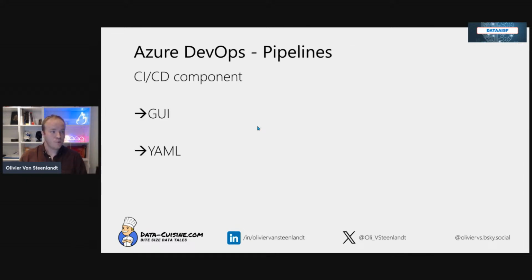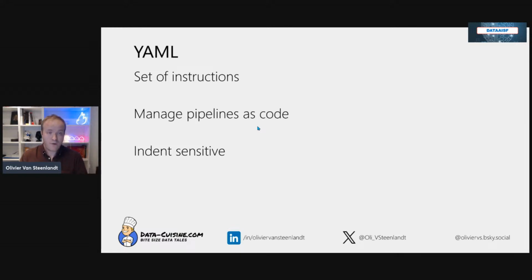Now, what is important as well is that Azure DevOps Pipelines is a CI/CD component within Azure DevOps, and this can come in two different flavors. We can use a graphical user interface, or we can use YAML. For today, I will be showing you how to execute deployment automation by using YAML. And before we get into practice, we need to know what YAML is. YAML is a set of instructions which allows us to create pipelines.